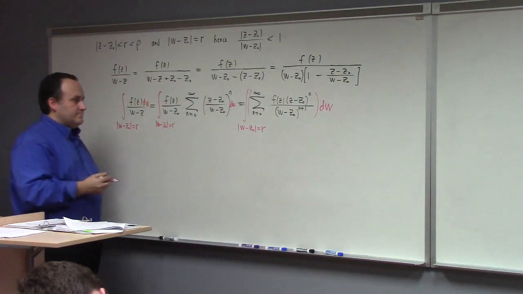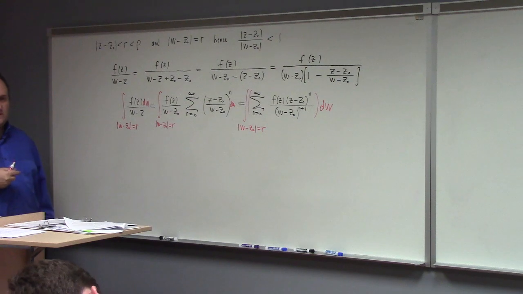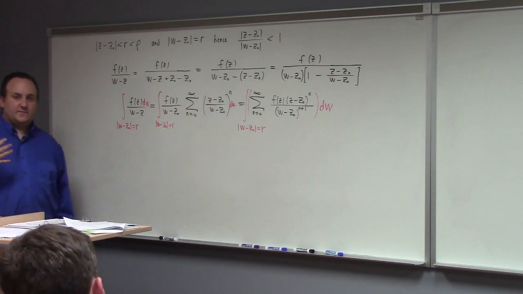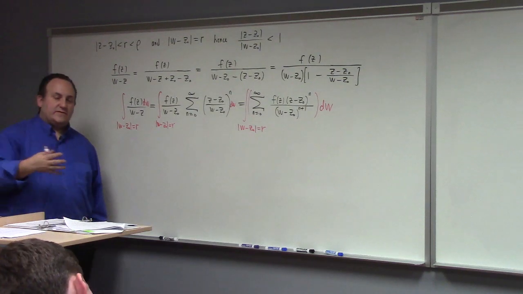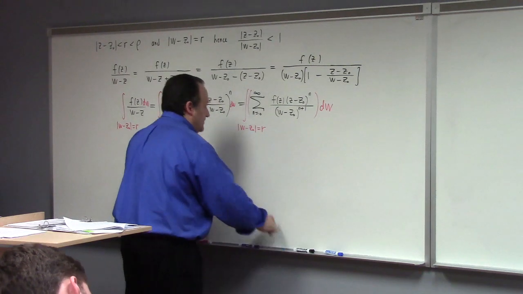Then if we switch the order of integration and summation, which is actually justified because of the uniform convergence of power series, which allows us to switch the order of integration and summation as we learned last class.